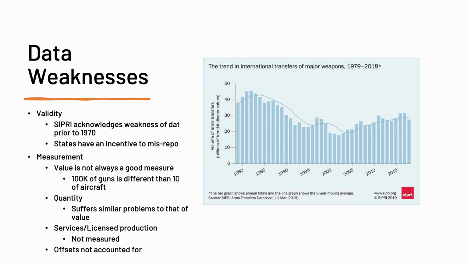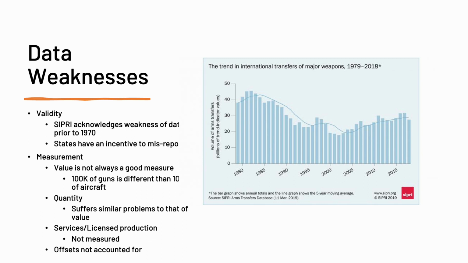Neither is licensed production. So when France made the deal with India to allow India to license produce the Rafale, that's not captured. The contract to actually buy the licensed production itself, yes, that's captured. But if India keeps building Rafale after Rafale after Rafale, each one of those planes is not captured in the arms transfer data.